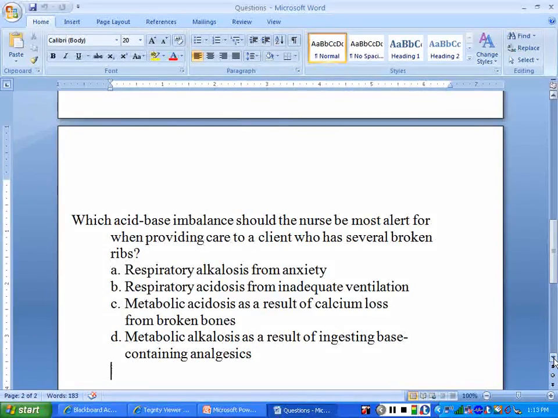Which acid-base imbalance should the nurse be most alert for when providing care to a client who has several broken ribs? A, respiratory alkalosis from anxiety; B, respiratory acidosis from inadequate ventilation; C, metabolic acidosis as a result of calcium loss from broken bones; or D, metabolic alkalosis as a result of ingesting base-containing analgesics.